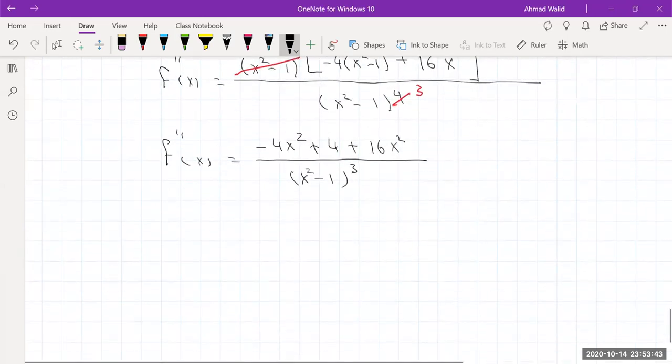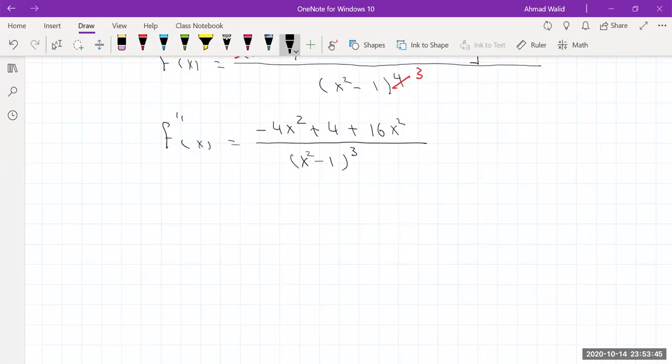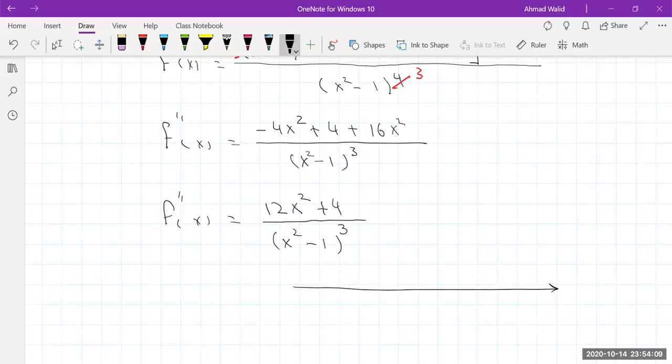Simplify. f double prime of x equals 16x squared minus 4x squared gives you 12x squared plus 4 over x squared minus 1 all cubed. Now again, my number line or a table, correct?